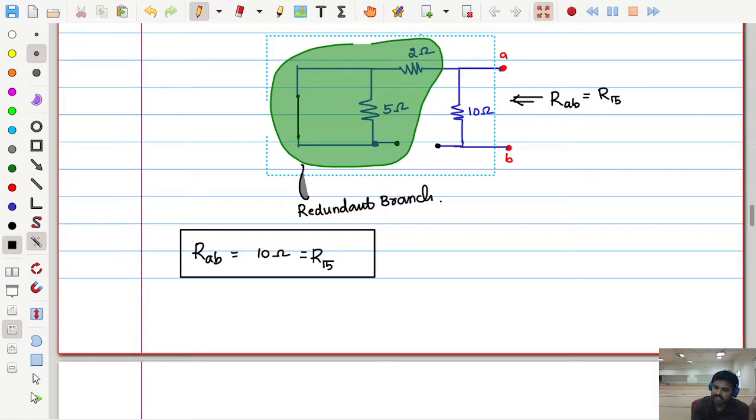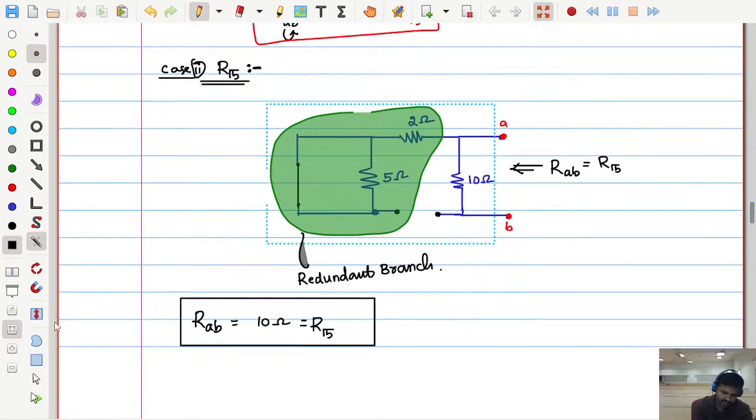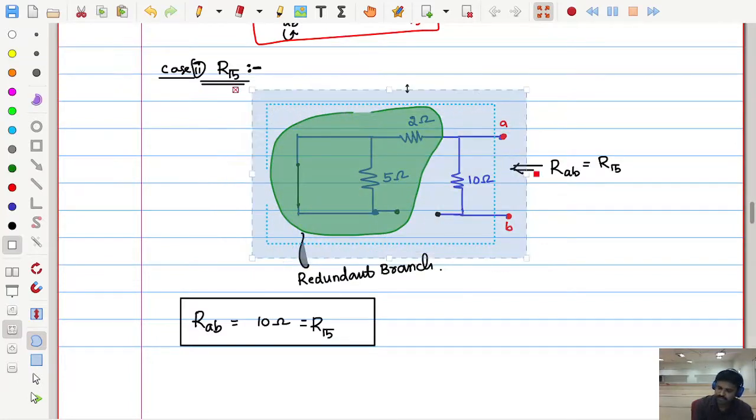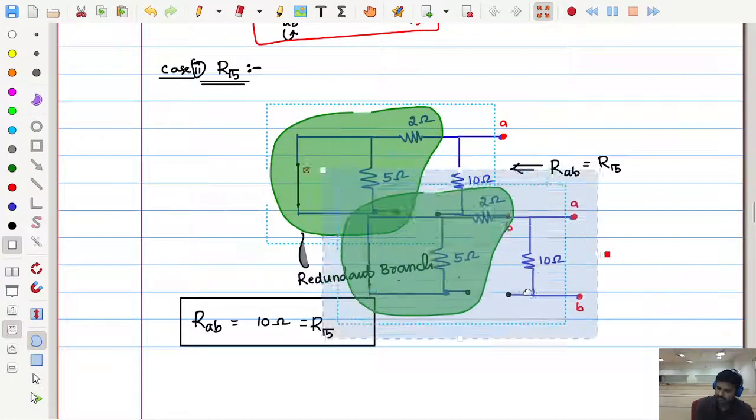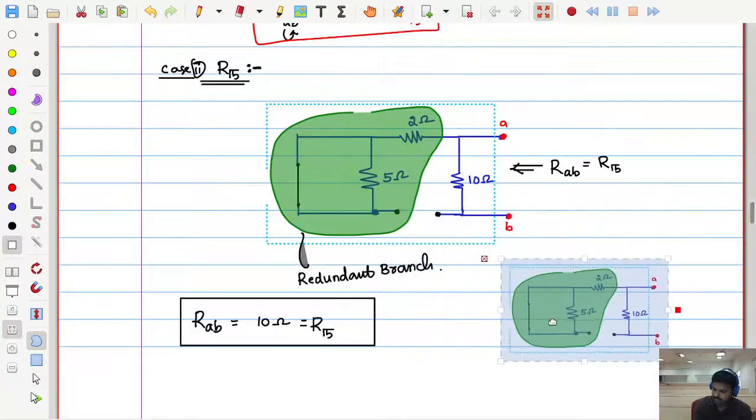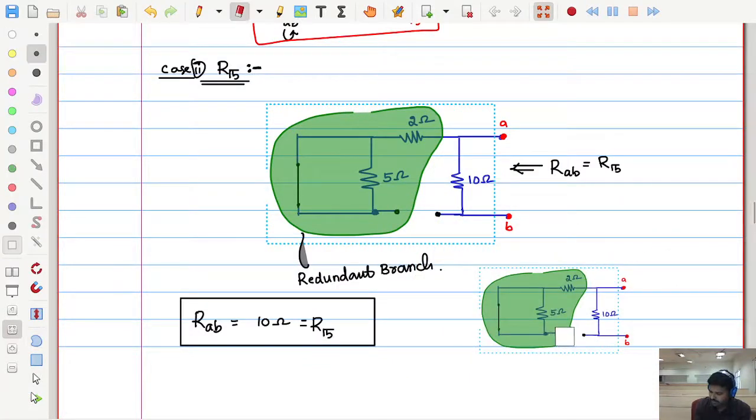That means this entire 2 in series with the open circuit is equivalent to an open circuit. So in the next step, this entire thing will simply become the open circuit part.